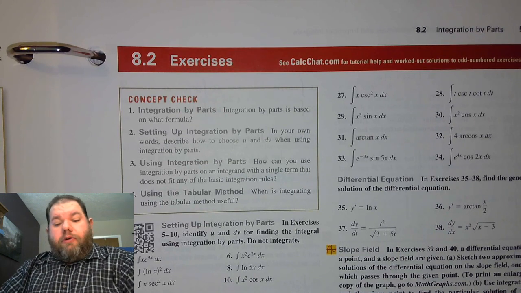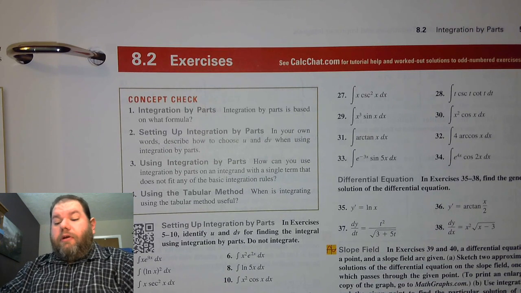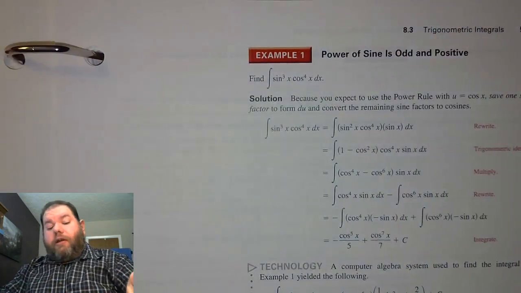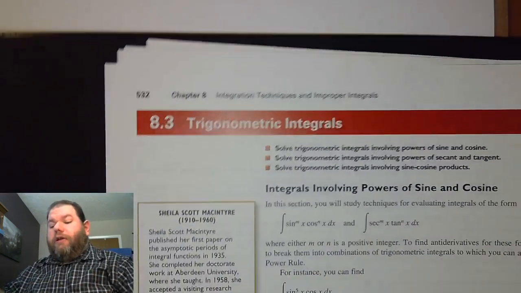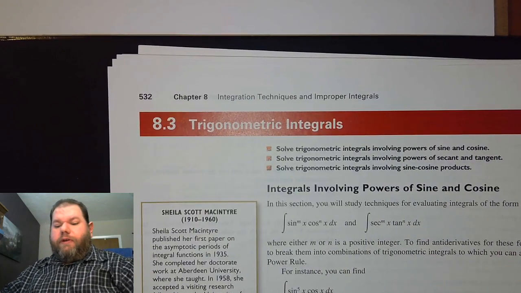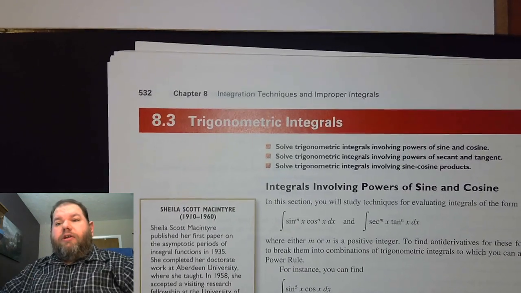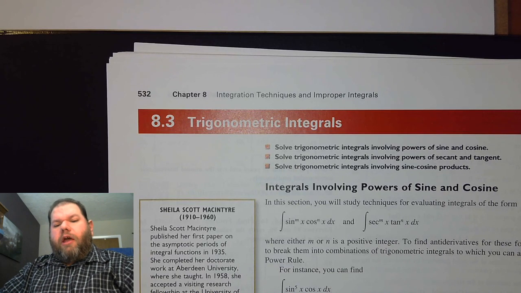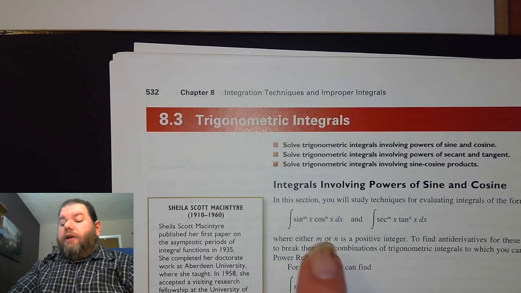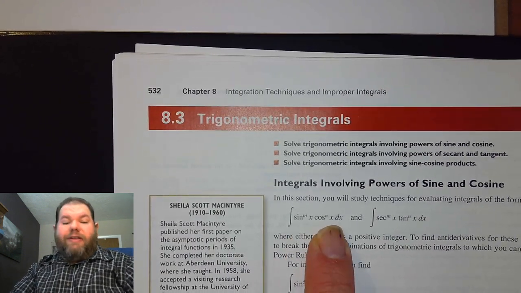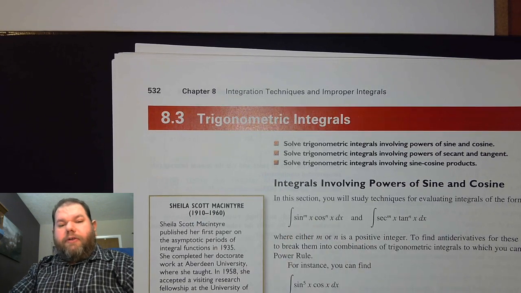Alright, so today we're going to do section 8.3, and if time is permitting, we'll get started on 8.4 as well. In 8.3, we're looking at trigonometric integrals, and in this section it's really a focus on how to integrate when we have a combination of sine and cosine raised to different powers in the same equation, which you can see here, sine to the m and cosine to the n multiplied together.